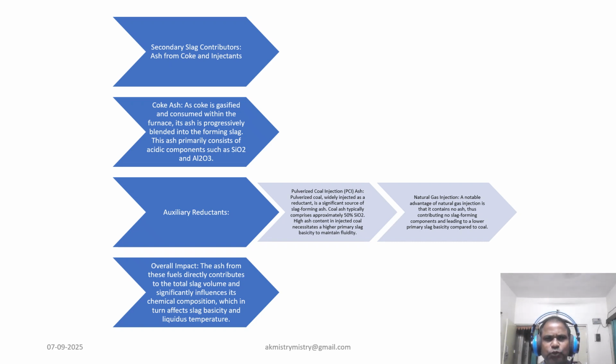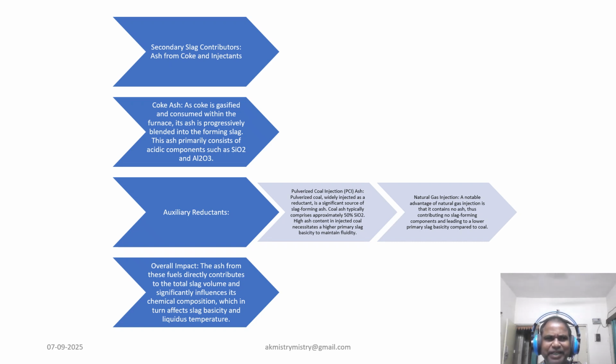Even at the tuyere, where coke and coal are gasified, some slag components are produced, around 32 kg per ton of hot metal in a reference furnace. The final hot metal and slag composition we tap are the result of this complex iron slag interaction and the blending of various liquids within the hearth.